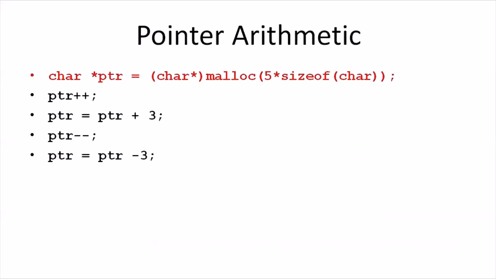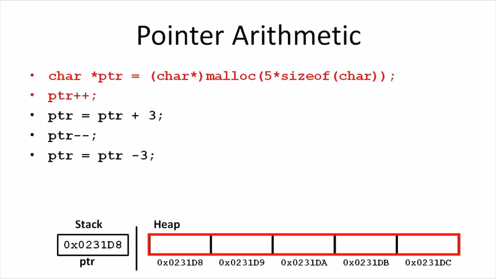Therefore, the ptr value gets changed from 0x0231D8 to 0x0231D9. Similarly, when we increment ptr by 3, it now adds 3 * 1 to the current value of ptr, that is 0x0231D9, to get the resulting value 0x0231DC.